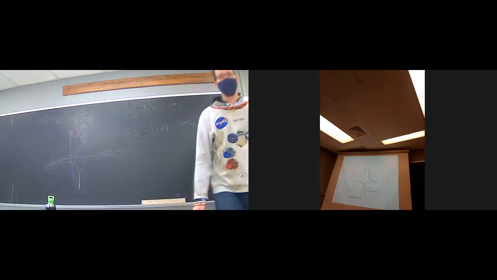So just to reiterate what I've drawn up here, same idea, right? Approaching from the right, approaching from the left. So the definition of a vertical asymptote is as follows.